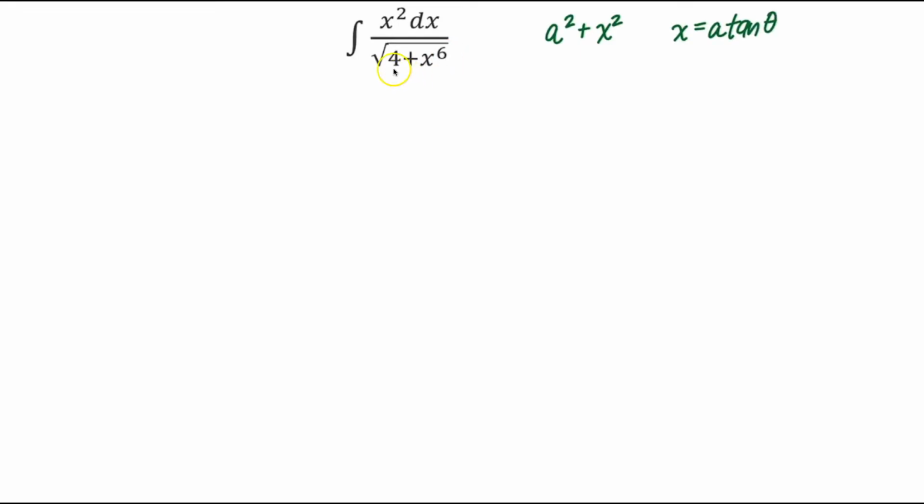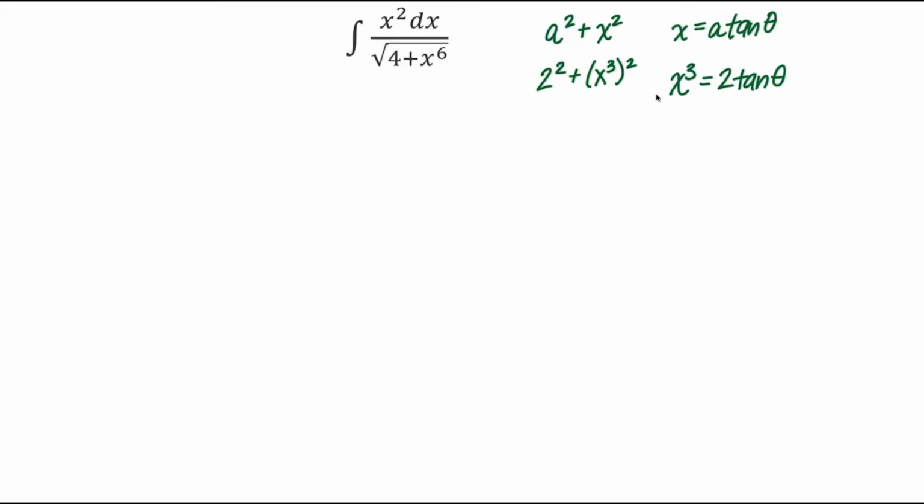The part underneath the square root doesn't quite have that look, but if we rewrite it as 2 squared plus x cubed squared, then we start to have that form. And so what that would mean is that I have to let my trig sub be x cubed is equal to 2 tangent theta. And let's see where it goes from here.